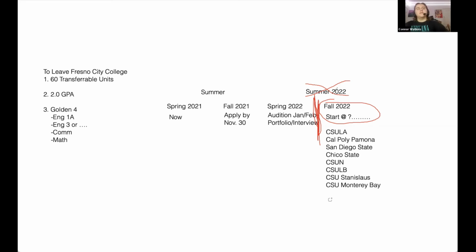How many weeks is the Finale class? 7. Okay. I think we start the Monday after we're done with finals, and we're done somewhere in July. So it's like 1 week in May, 4 weeks in June, 2 weeks in July, something like that.